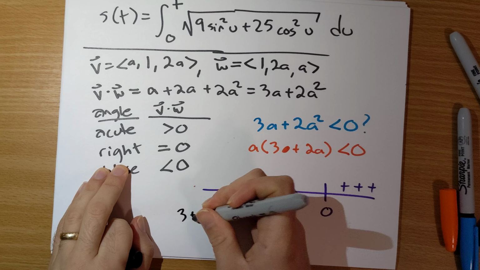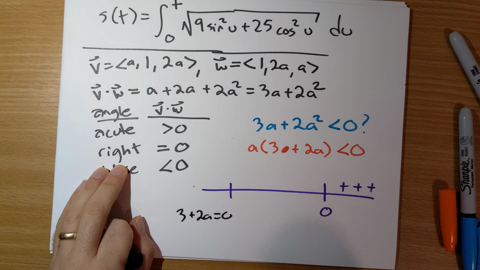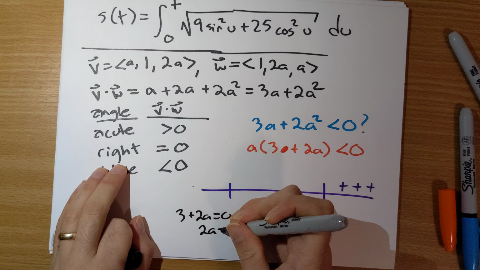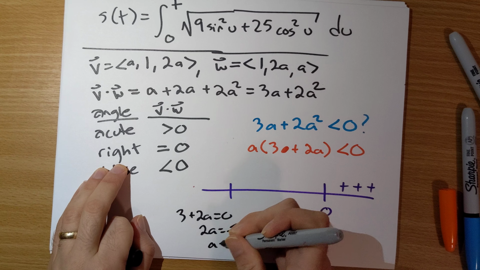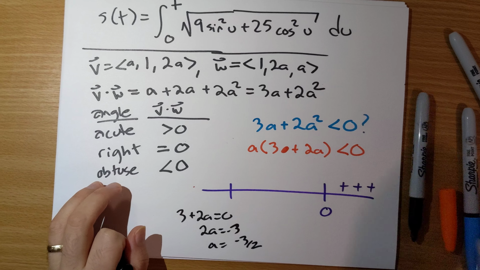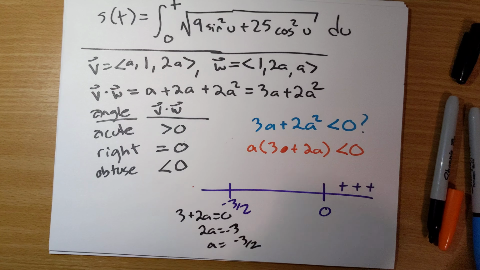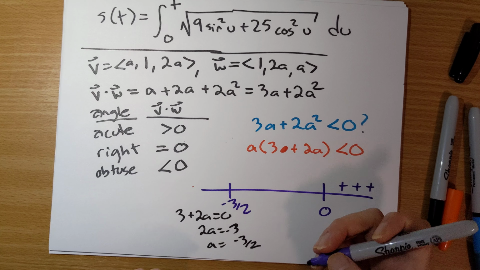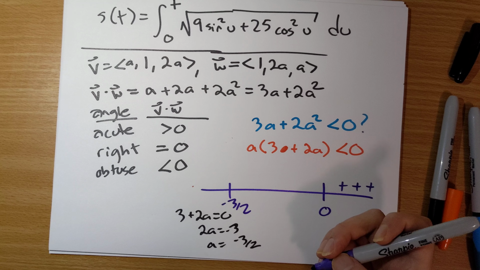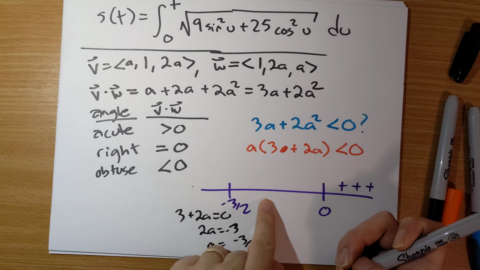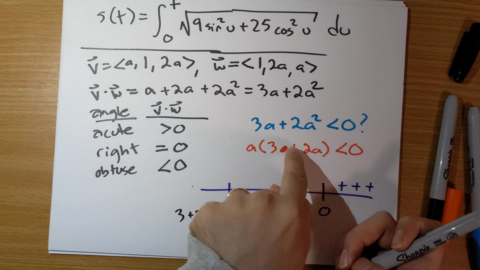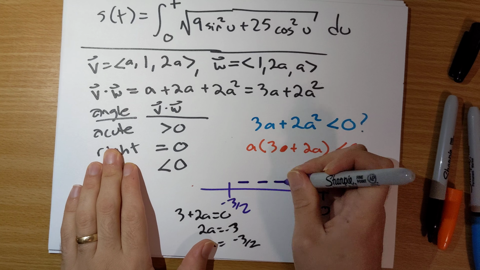So 3 plus 2a, when is that equal to 0? 2a is equal to negative 3. a is equal to negative 3/2, so let's put in negative 3/2 on our sign chart. And so the thing to realize here is that if a is less than 0, but at least negative 3/2, this term is negative, this term is positive.